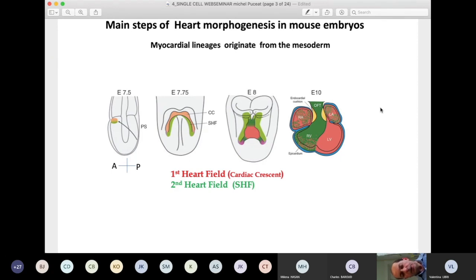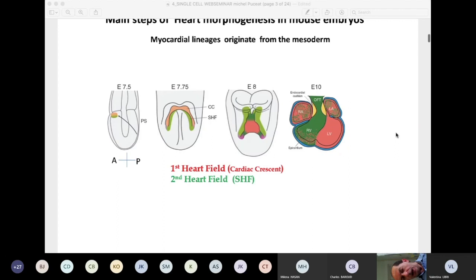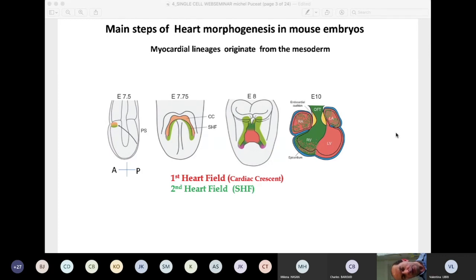The red one on the picture is what we call the first heart field, and these early progenitor cells will give rise to what you can see on the right, the left ventricle in red, and part of the atrium. Half a day later, new cells are going to migrate from another location, still from the mesoderm.